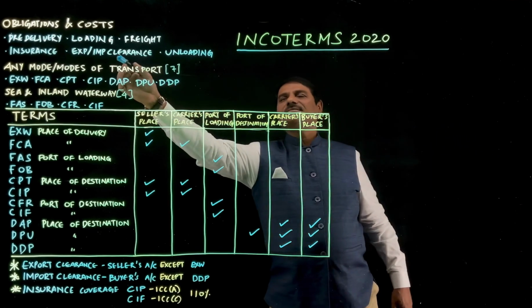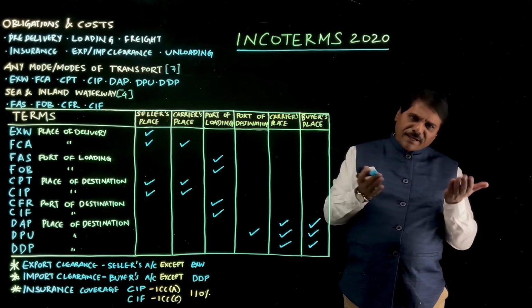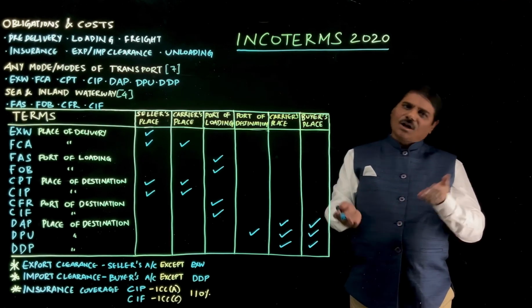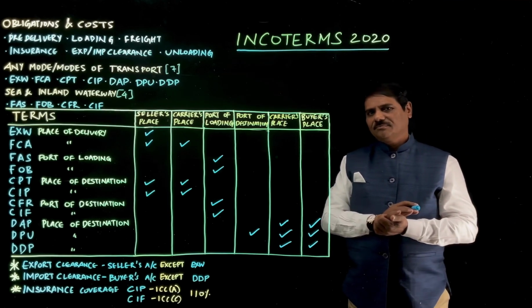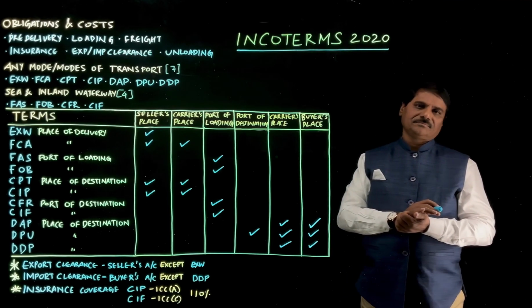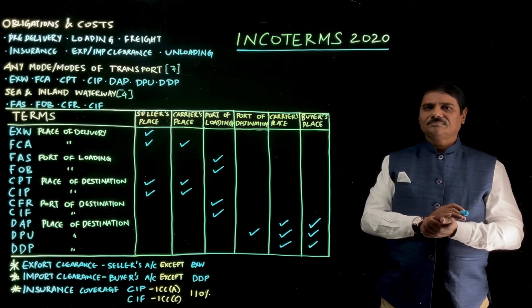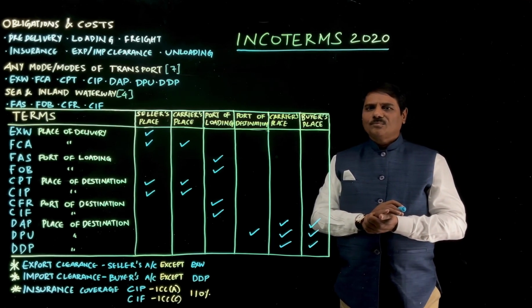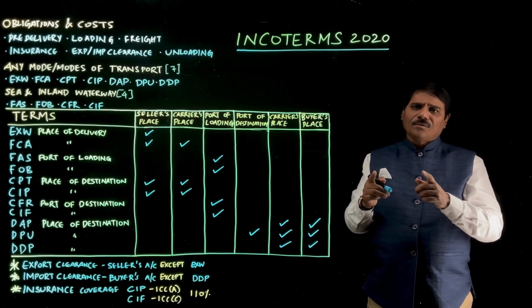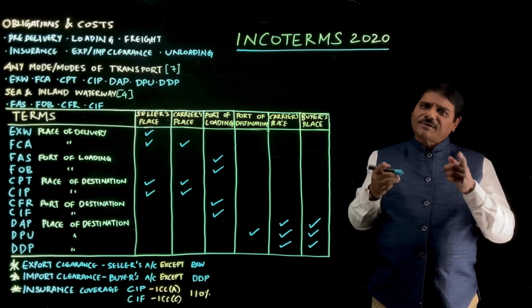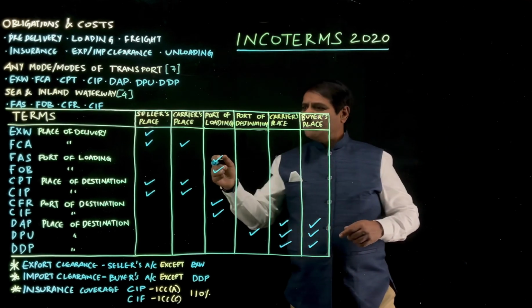Import clearance in the buyer's country and unloading there are the buyer's responsibility. Suppose the goods are going by sea after being handed over to the carrier.